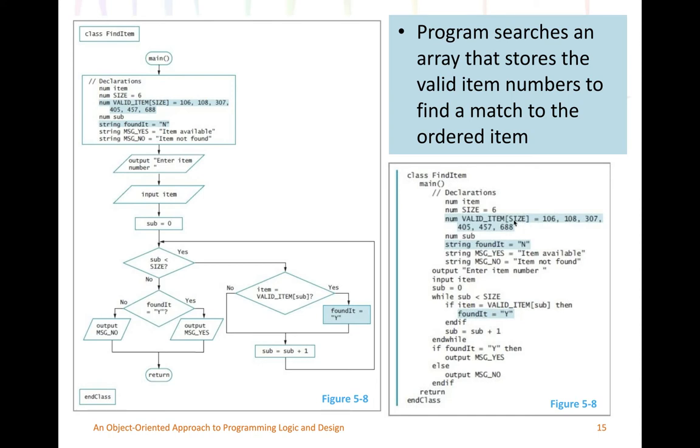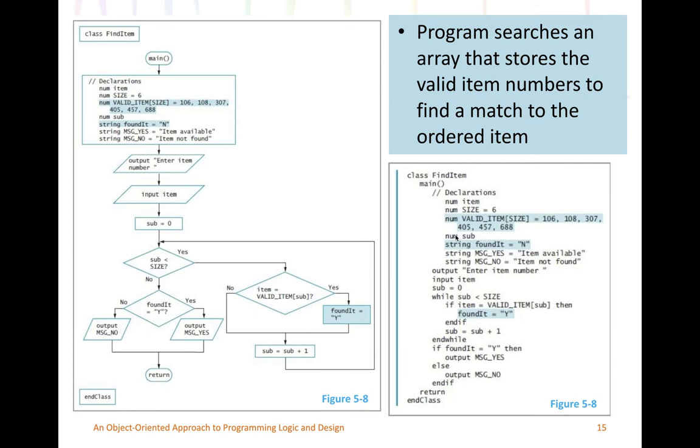And here they're saying this array named valid item is going to have 6 elements in it, because they're using this constant size, which is set to 6, to declare that this element length is going to be 6.